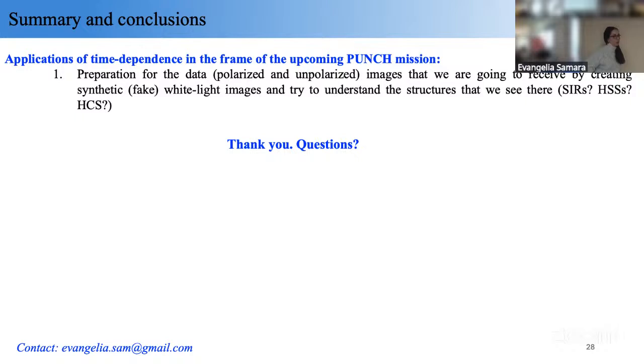Because at the end, the model we are using to propagate from the photosphere to 0.1 AU doesn't really care. It needs only the values of the magnetogram, not the quality. But this could add more processing time.